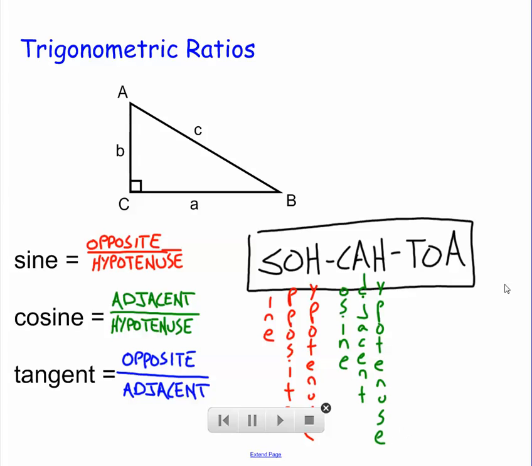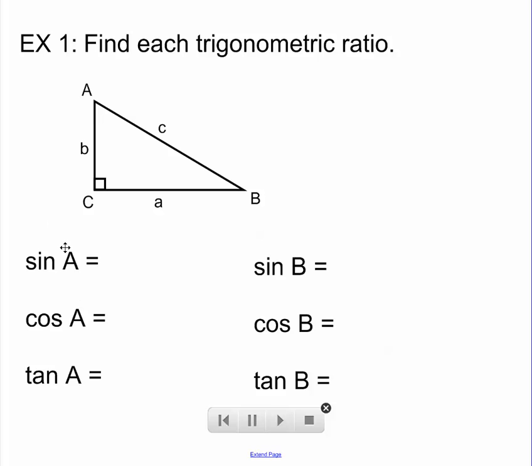And the TOA is tangent is opposite over adjacent. You gotta make sure you say it right though. SOH CAH TOA.